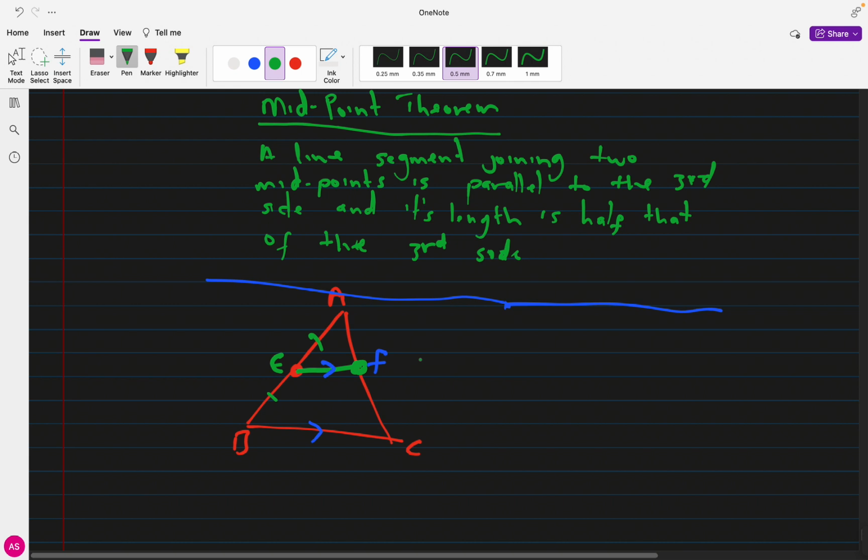That's what the converse midpoint theorem says. So you do not have two midpoints joined by a line segment. You have a line segment drawn from the midpoint of one side to the other side, and you're also told that EF is parallel to BC. So how can you put this neatly?